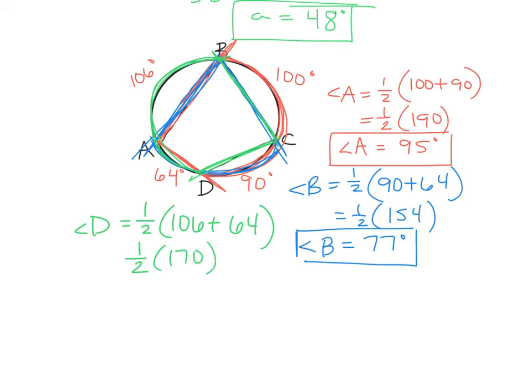Wait, that's C. It's not D. Oh sorry, I just did C. It's okay, we haven't done C. Scratch this. Angle C: 106 and 64. That's what I highlighted. I just said the wrong letter. So half of 170 for angle C, you get 85 degrees.